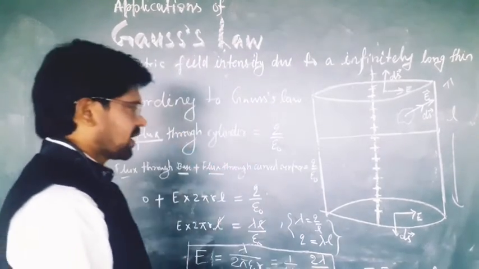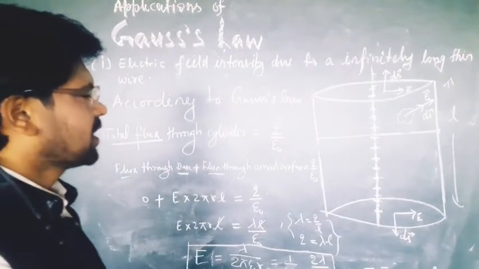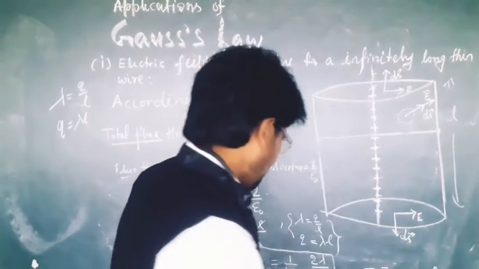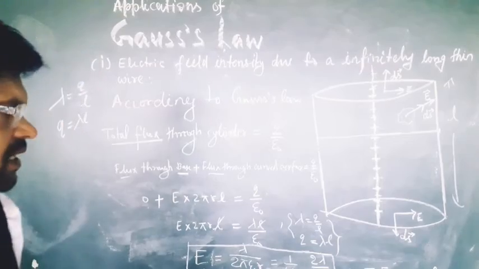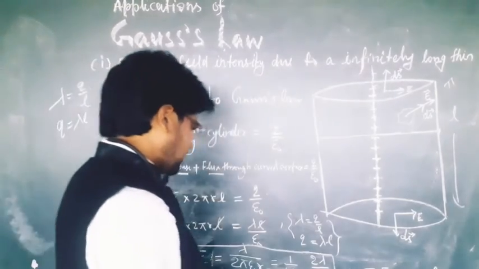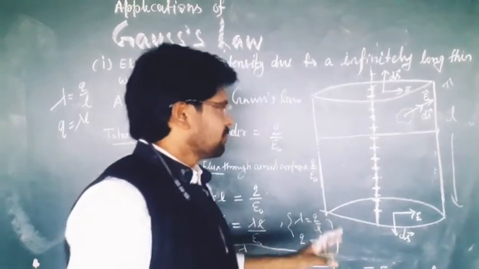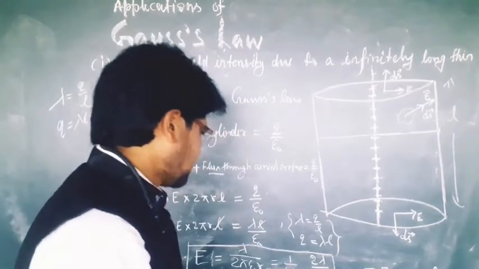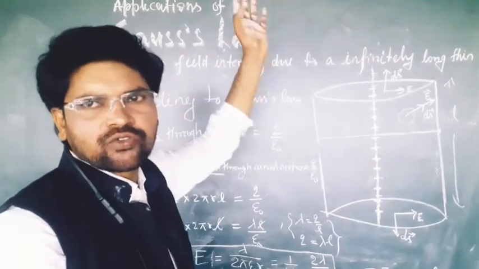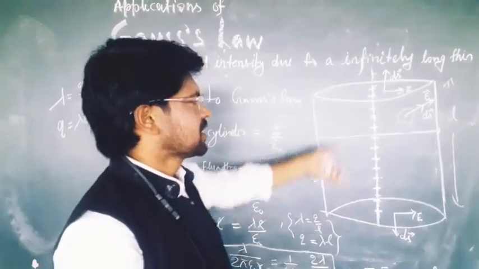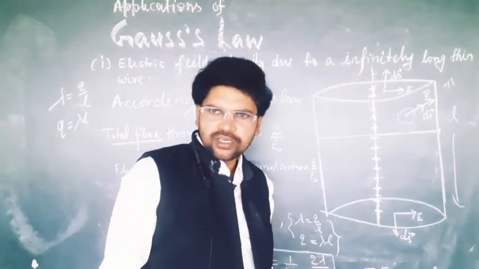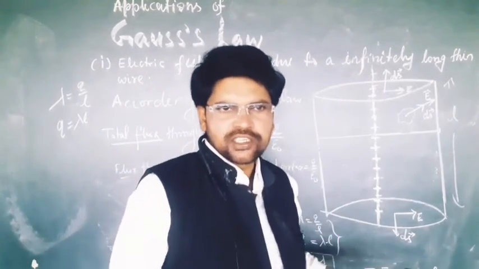This is the electric field intensity due to an infinitely long wire, and we see that the electric field intensity due to the wire is independent of the length of the wire. If the length is infinite, then the length is not considered.